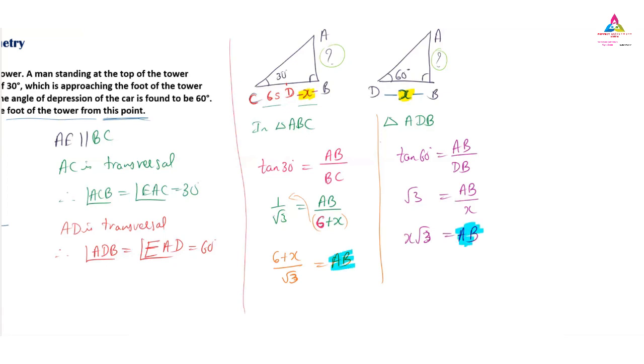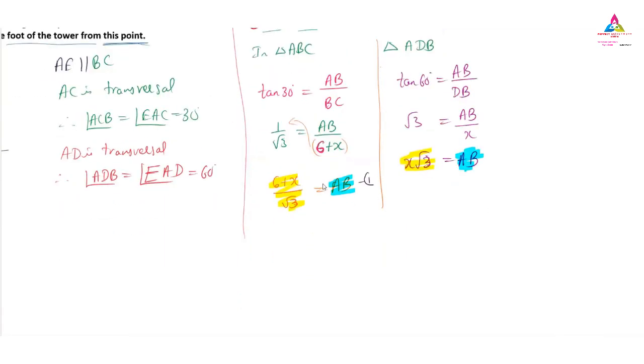If the right hand side is equal, the left hand side will be equal. So I can write equation 1 and equation 2, both are equal, because AB we have. So 6 plus X divided by root 3 will be equal to X root 3, by equations 1 and 2. AB equals AB. So this one and this one will be equal.